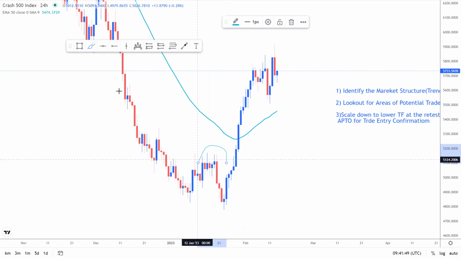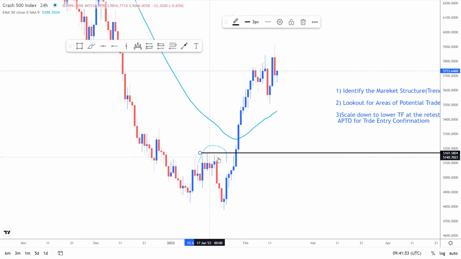As long as price stays below this swing high, we're very much expected to still be in a bearish market structure from the daily time frame perspective. But we had a nice daily candlestick close and break above that swing high, shifting the market structure from bearish to bullish on the daily time frame perspective.